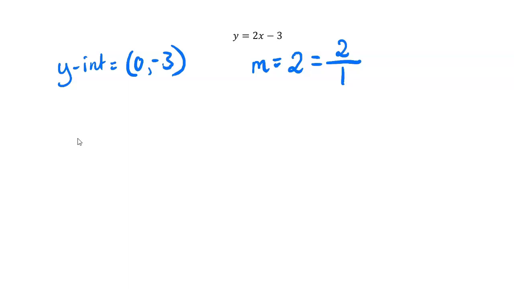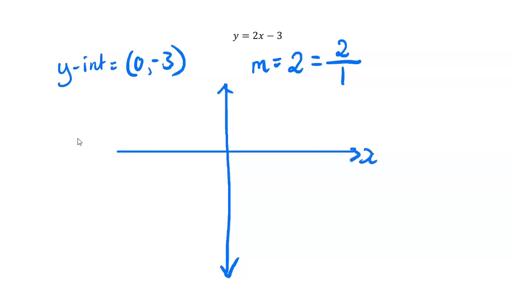So let's sketch this. Okay. X, Y. Okay. So I'll put our scale on. 1, 2, 3, -2, -3, and I've got my first point there, and we go up 2, 1, 2, and across 1 to get here.